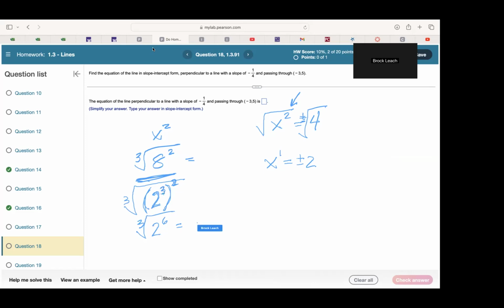Or when you're taking the root, you're really taking the 2 exponents and dividing them. This is 2 to the 6 over 3, right? 3 being the index, 6 being the power. So that reduces down to 2 squared or 4. But the reason we don't take -4 as well is because there's no negative written out front.